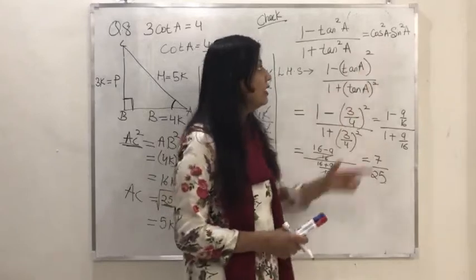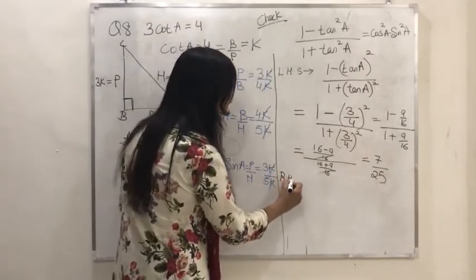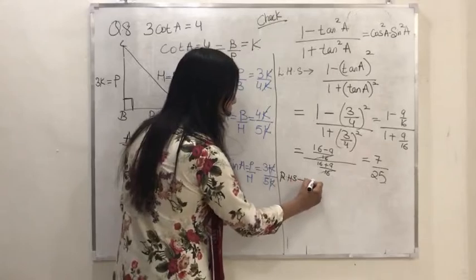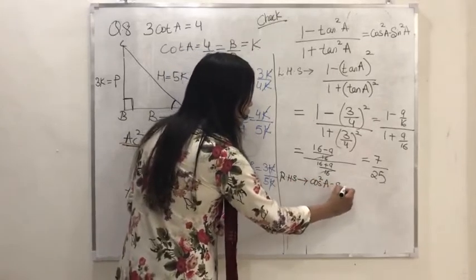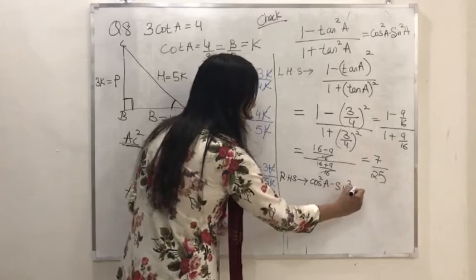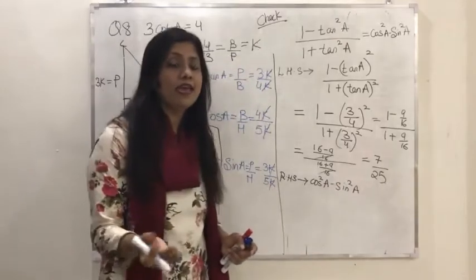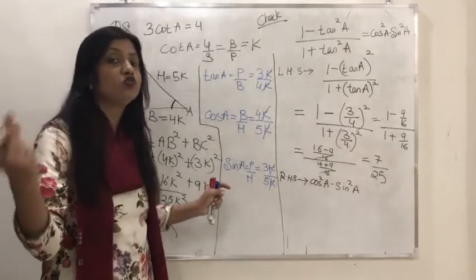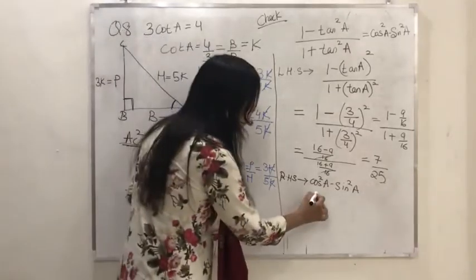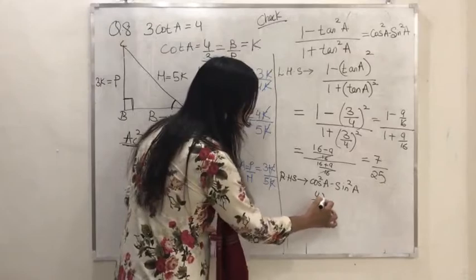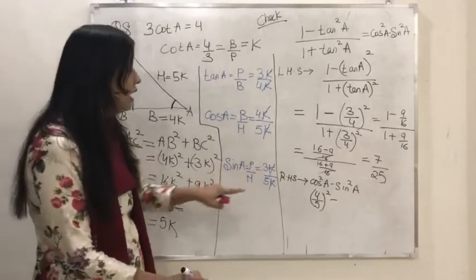So RHS is cos square A minus sine square A. So I already told you that cos square A is same as cos A whole square. So value of cos A is 4 upon 5. So I will write here 4 upon 5 whole square minus sine A is 3 upon 5.